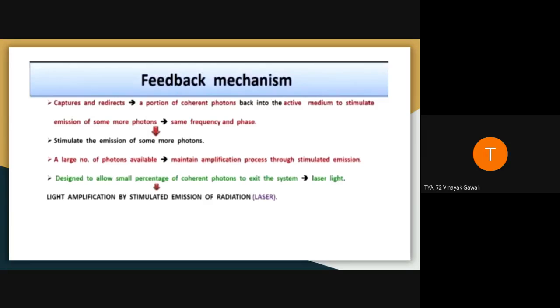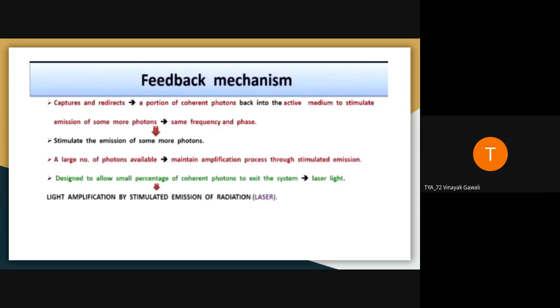It captures the photons and sends them back into the active lasing medium, for the purpose of stimulating the emission of more photons, so that photons of the same frequency and same phase can be generated. Whatever photons are coming outside from that lasing medium, it reflects back, captures and redirects into that lasing medium again.